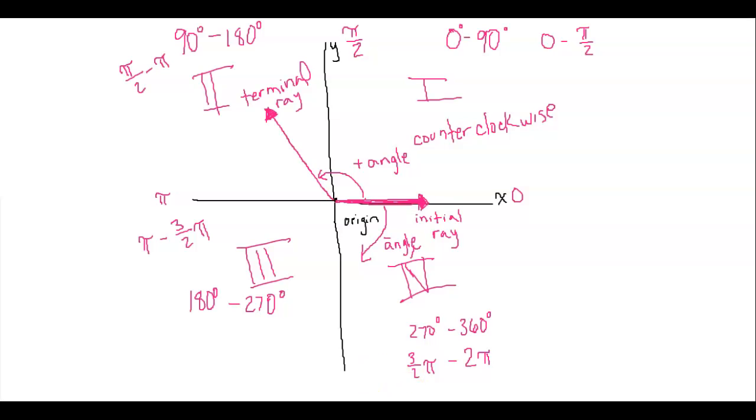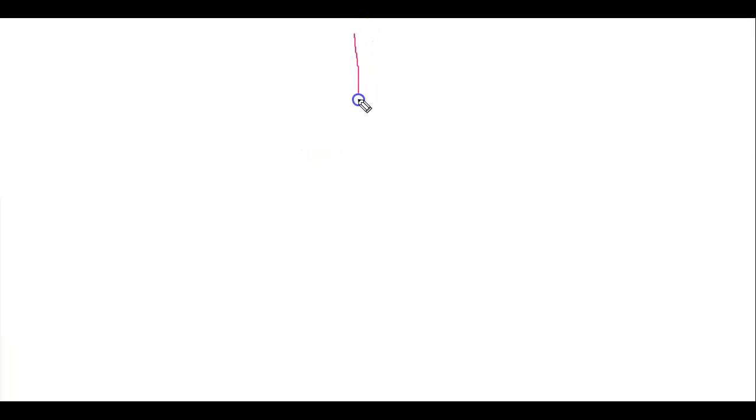So for example, let's say I was asked to graph the angle 75 degrees. Well, I know I want my origin to be my vertex, so then my initial side of the angle is going to be here at 0, so that's where my angle is starting. It is positive, so I'm going to go this way.